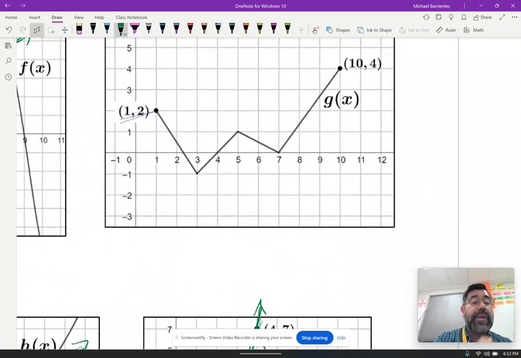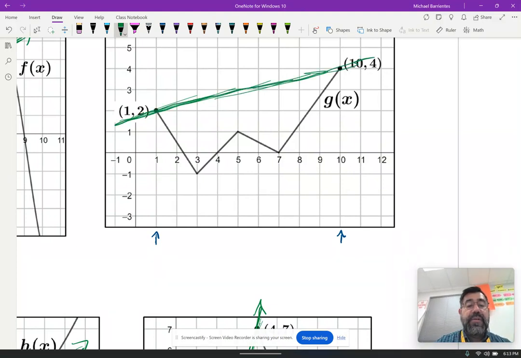I'm going to connect the indicated points, the endpoints of my interval from x equals 1 to x equals 10, with a line. Hopefully it's a line. If you have a straight edge, you can use it on your paper to connect the dots. Here's the slope that I'm looking for. Is there a point somewhere between 1 and 10 that has the same slope?